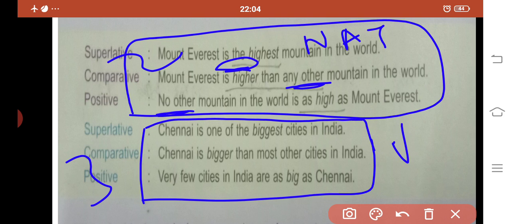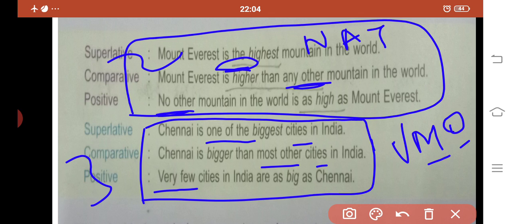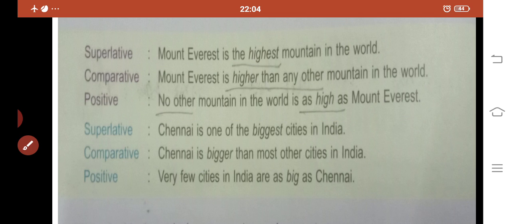Very few, V for very few, M for most other, O for one of the. Okay. And also we don't forget the plural form, cities. And we have to watch the tense here.